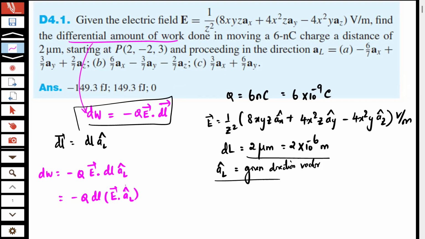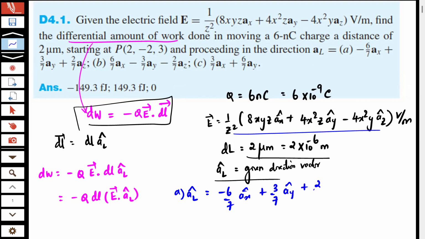So this dot product between the given vector E and the aL vector should be done, and the corresponding values should be multiplied. For subdivision 1, aL cap is given as minus 6 by 7 ax cap plus 3 by 7 ay cap plus 2 by 7 az cap.